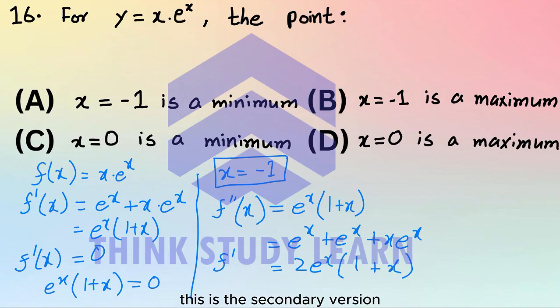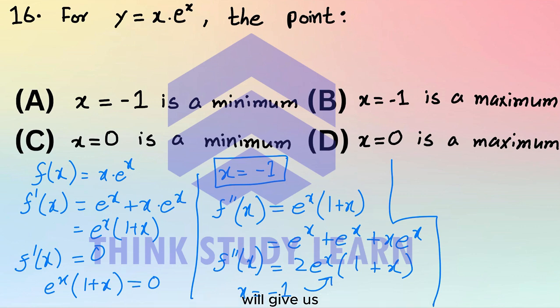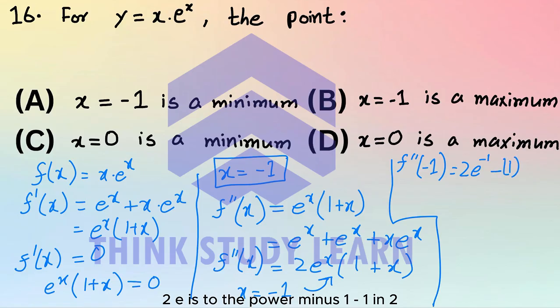This is the second derivative. Now we will put the critical point into the second derivative and then find whether it is a local minimum or a local maximum point. So putting x equal to minus 1 in this equation will give us e raised to the power minus 1 into 2 minus 1, that is e raised to the power minus 1.